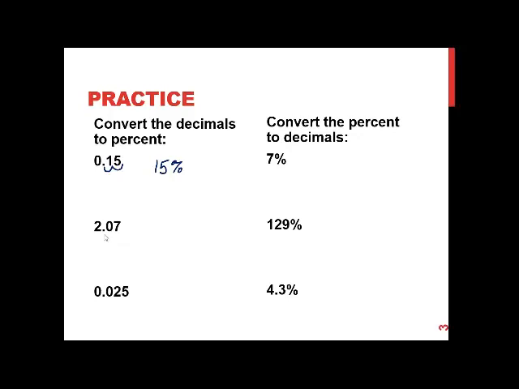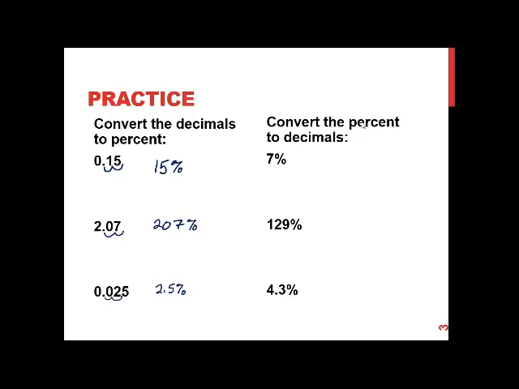Again, to convert this to a percent, we're going to move our decimal 2 places to the right, and that gives us 207%. May look a little strange, but we're going to see some strange percentages as we move on. 0.025. Again, move the decimal place 2 places to the right, and that's going to give us 2.5%.